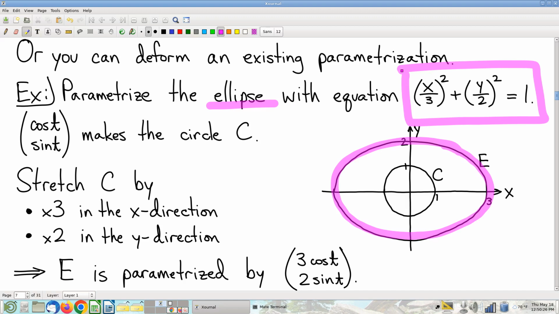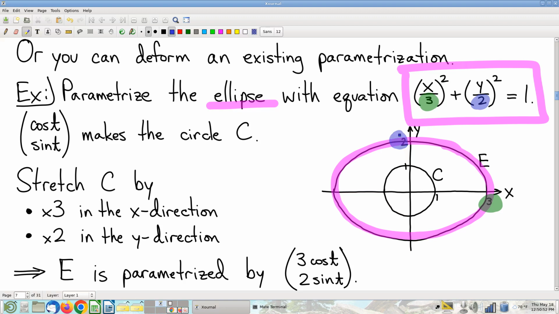Now think back to high school algebra, and you know that because of this 3 here, the x radius of this ellipse is 3, and likewise because of this 2 right here, the y radius is 2.